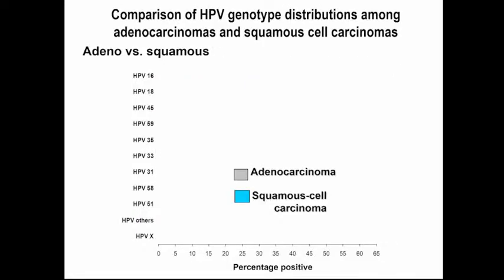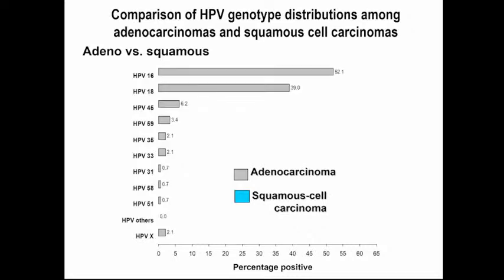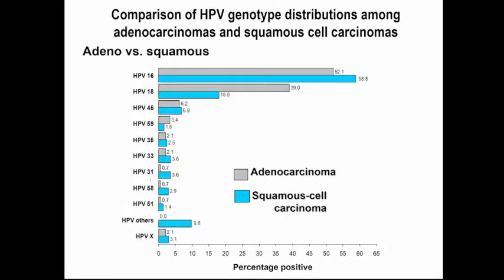Then when we look at the histological types of carcinoma, we can see the gray is adenocarcinomas, or the glandular type, and type 16 in this series was responsible for 52%, while it was responsible for almost 59% of all squamous cell carcinomas of the cervix.